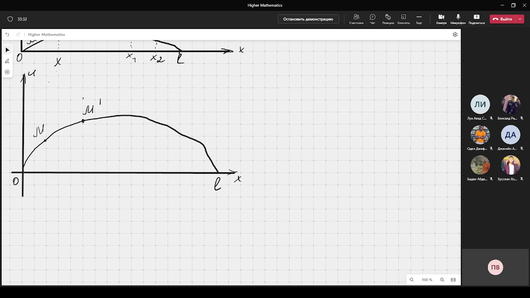Forces T act at the ends of this element along tangent to the string. Here tangent line. This angle phi.